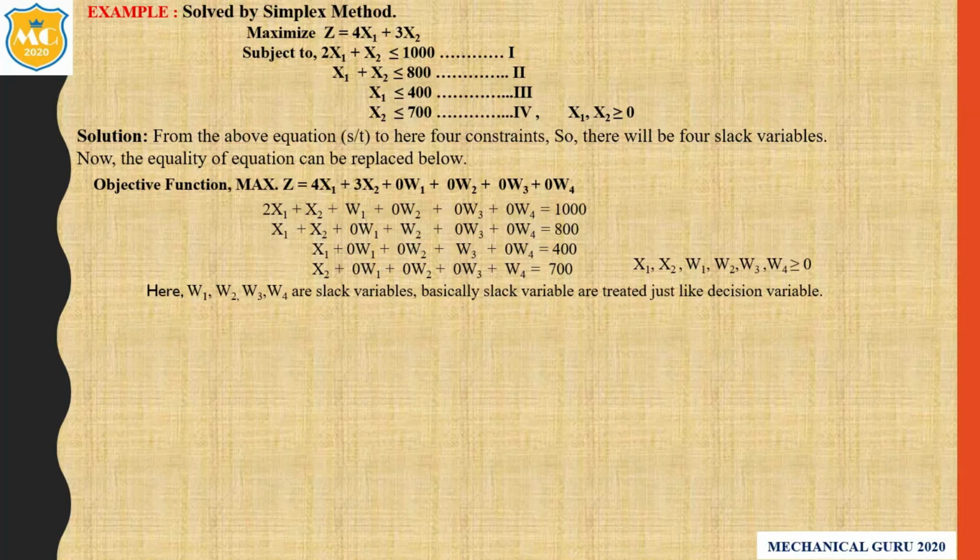Here the initial basic variables are taken as the slack variables to get the IBFS, the initial basic feasible solution. So all the basic variables w1, w2, w3 and w4 are slack variables. Basically, the slack variables are treated just like decision variables.